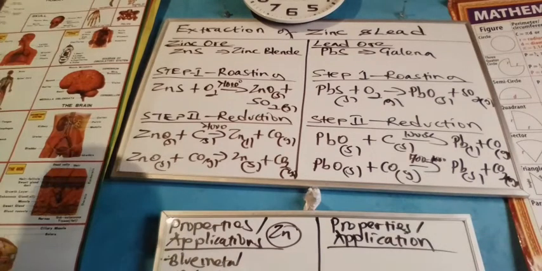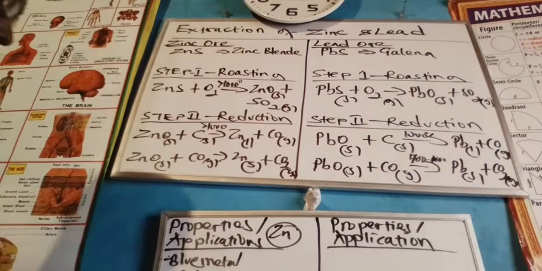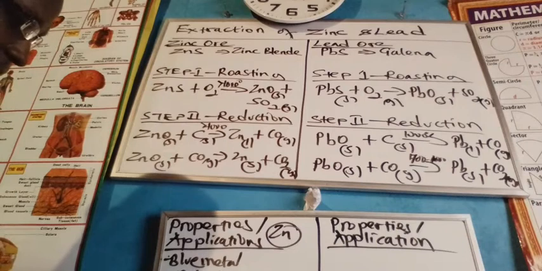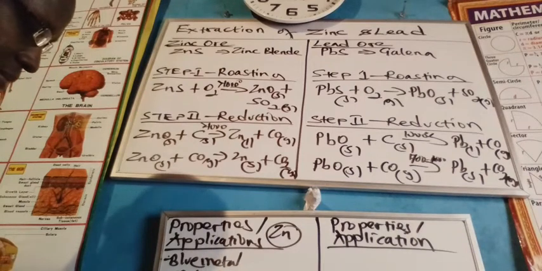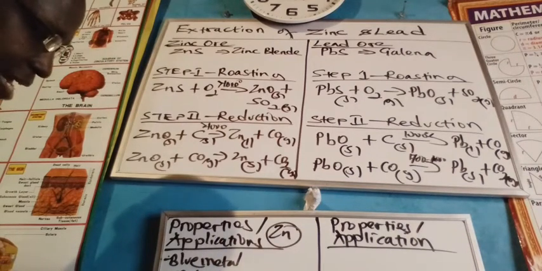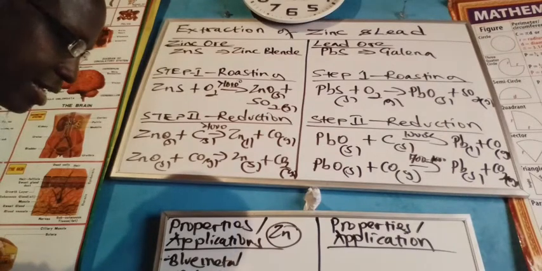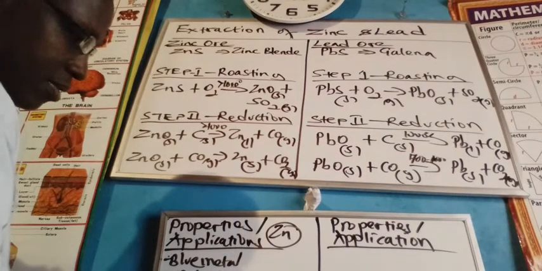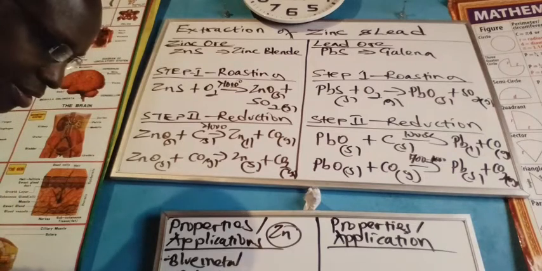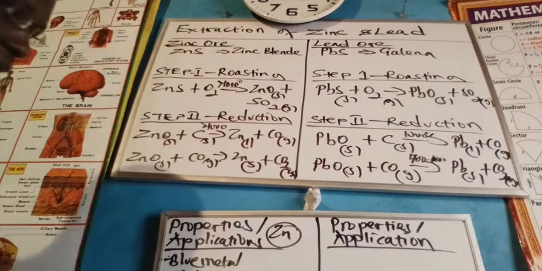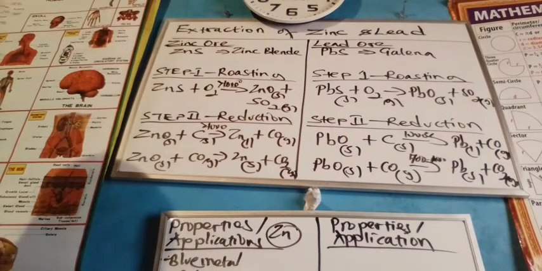For this reason, zinc is suitably used, one, as a cell agent, and mainly as a cathode in dry cell, Leclanché. Number two, even though it's a poor conductor, it relatively conducts, that's why it's used as an electrode.